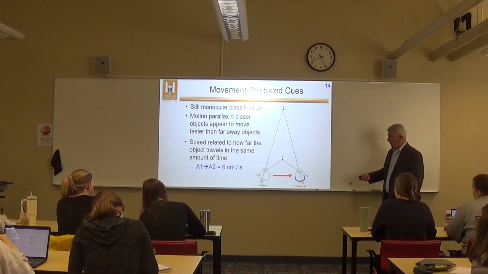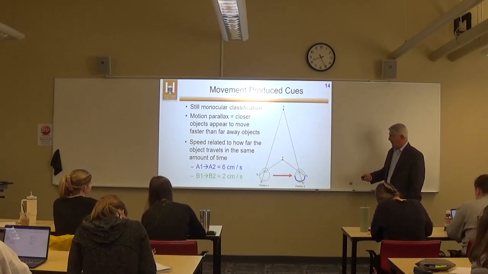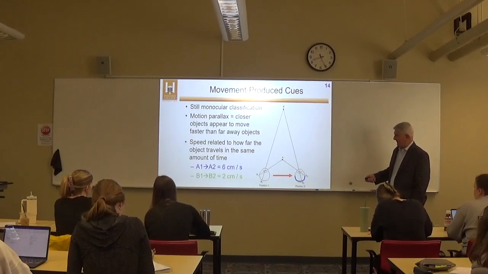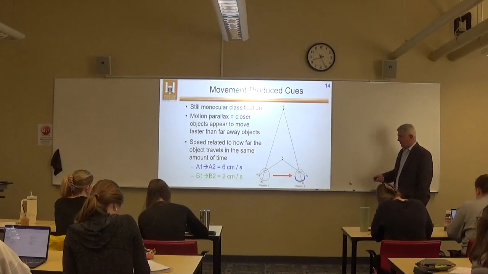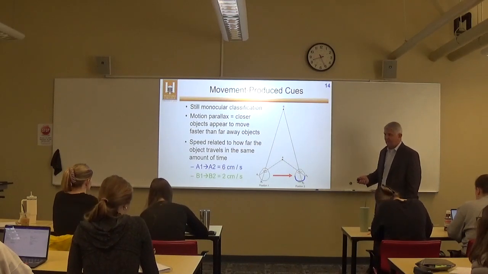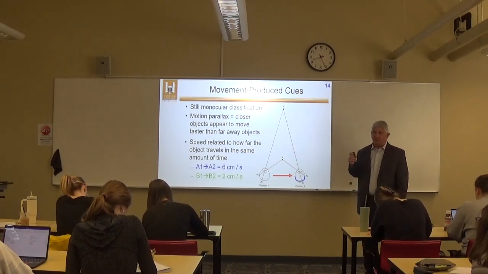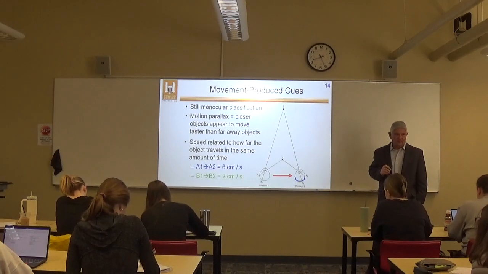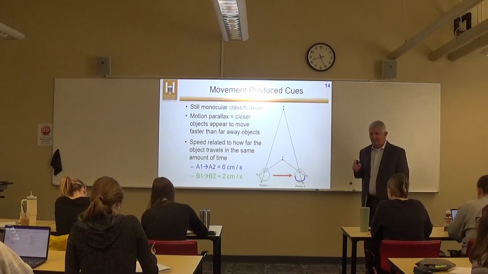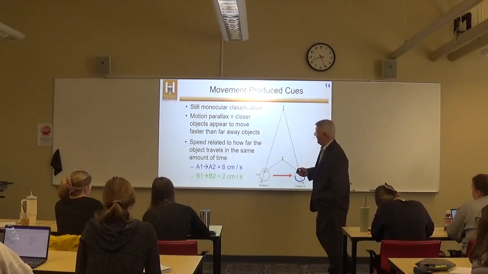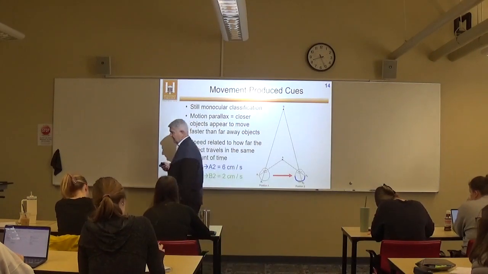And so if that was in 1 second, A is moving 6 centimeters per second across my retina. B only moved 2 centimeters per second. So it appears to be moving much slower than A is. Everybody get that? Okay, that's called motion parallax.